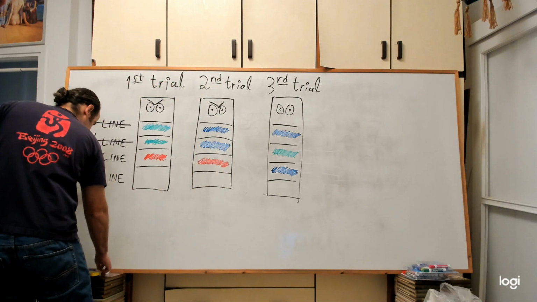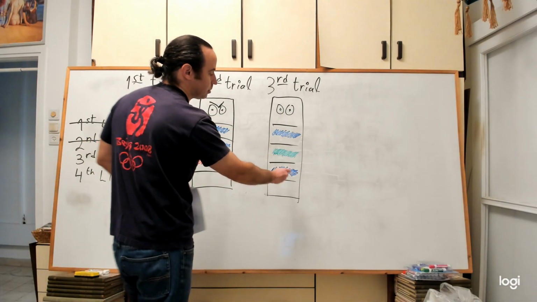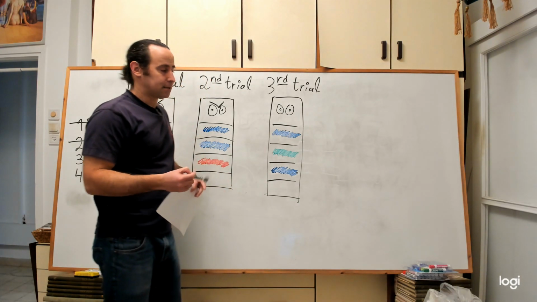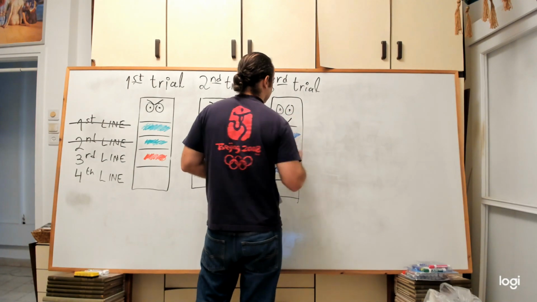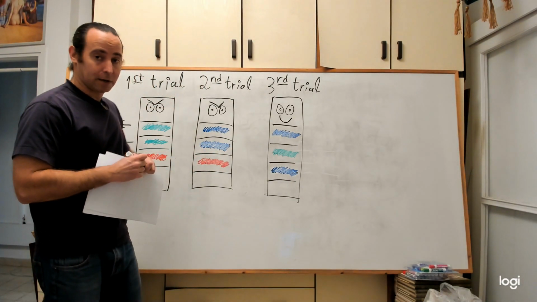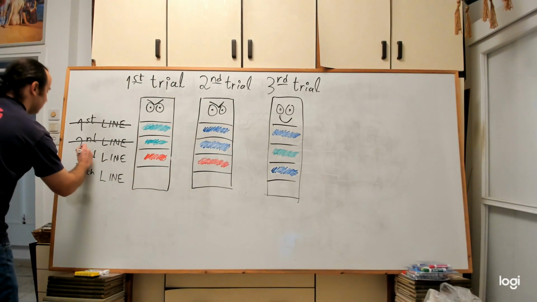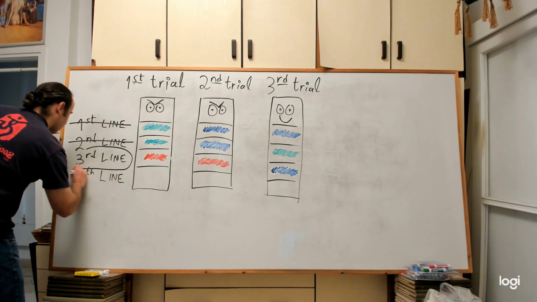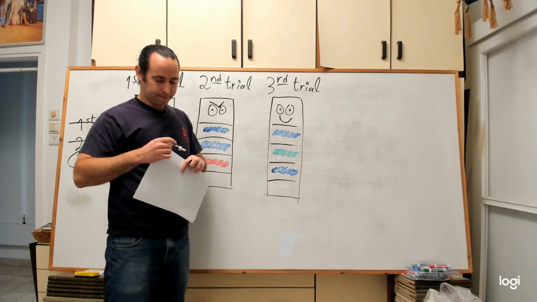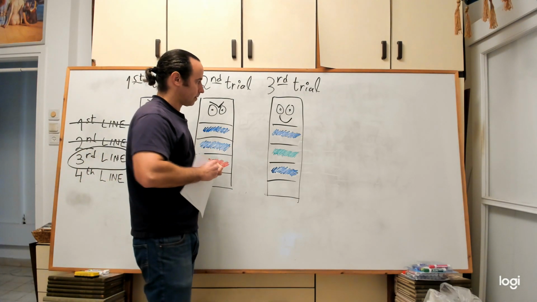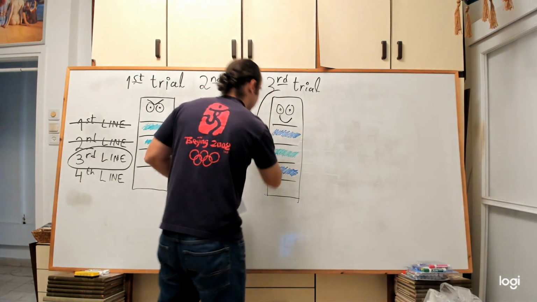It doesn't matter what we change it into, but it makes it a good virus. It's no longer bad. So we know that this is the solution: go to the third line and change it to blue. This is the good virus.